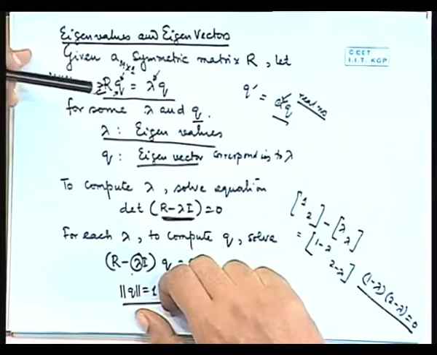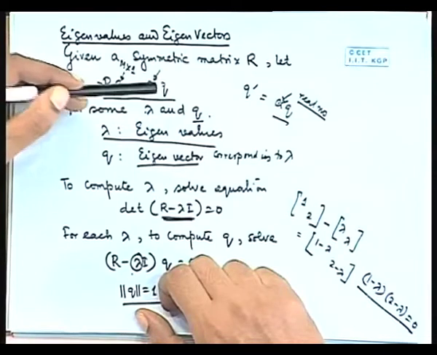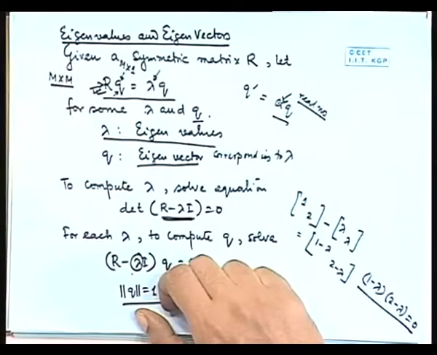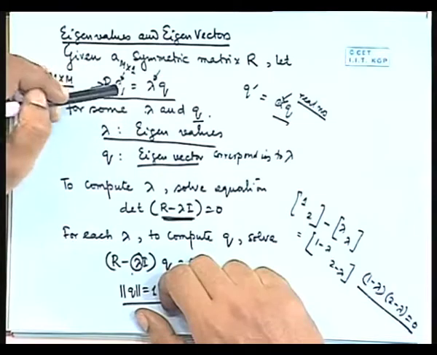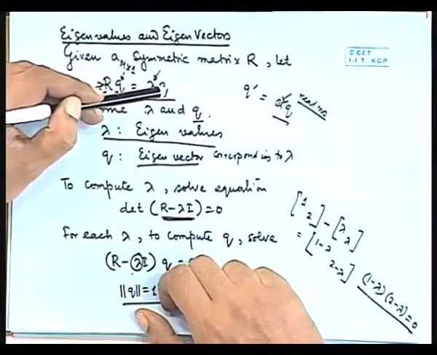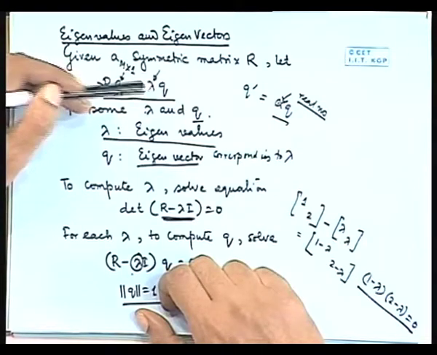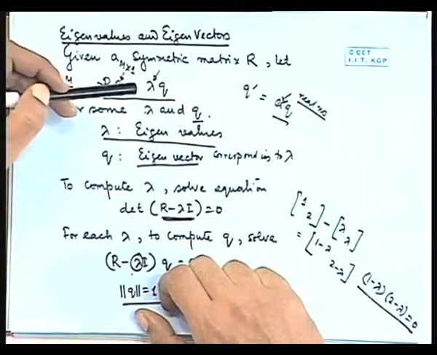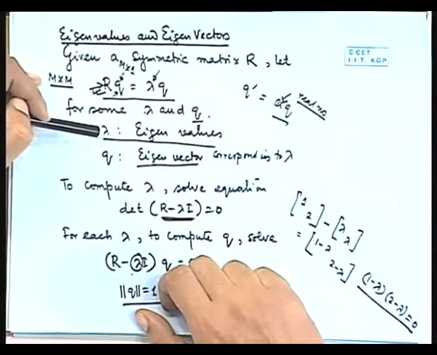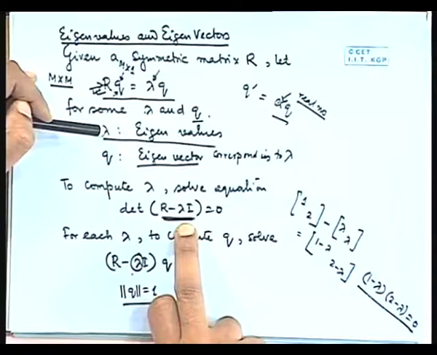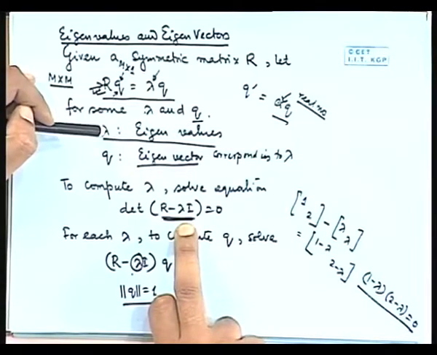So m into m into 1 becomes m into 1, and this is a number into an m into 1, so the dimensions match. The vector which satisfies this for some lambda, which is not arbitrary but a particular lambda, is called an eigenvalue, and it can be solved from the equation determinant of R minus lambda I equal to 0.